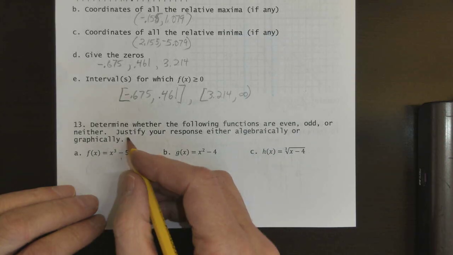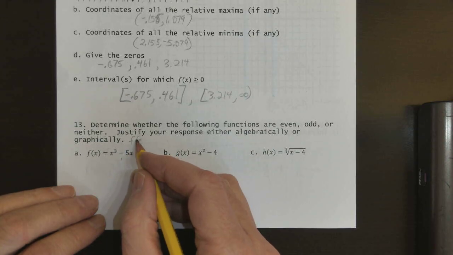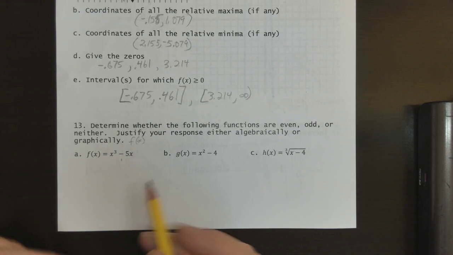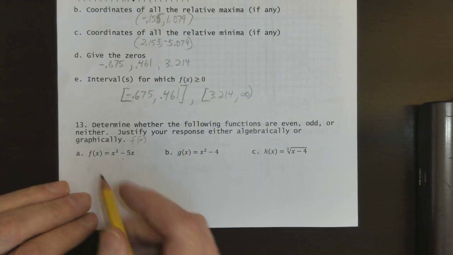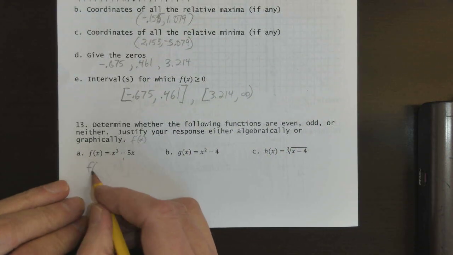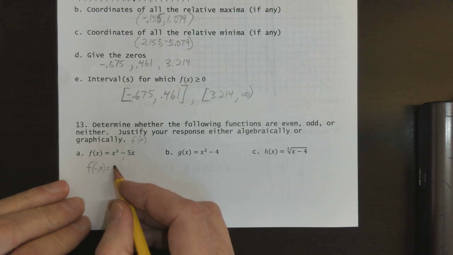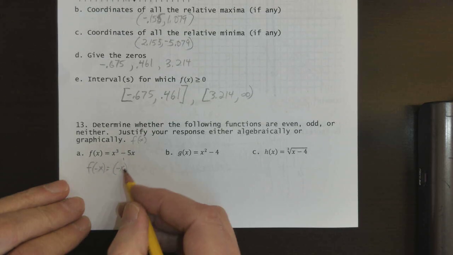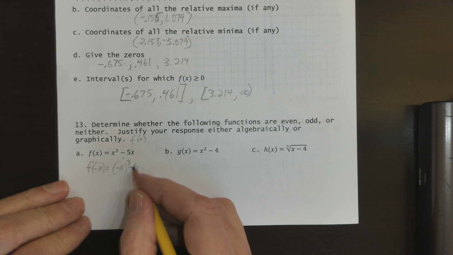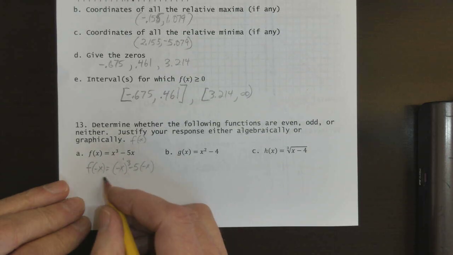Even, odd, or neither. I'm going to look for f of negative x and see what I get. f of negative x is equal to negative x cubed minus 5 times negative x.